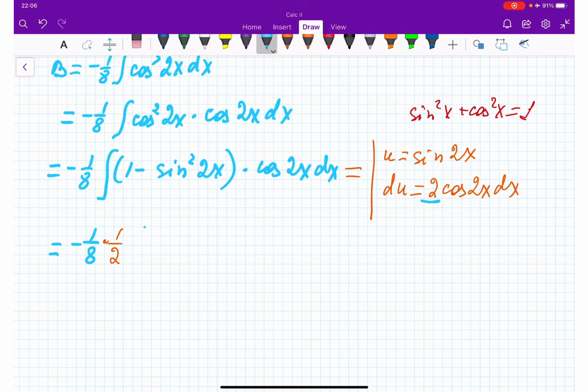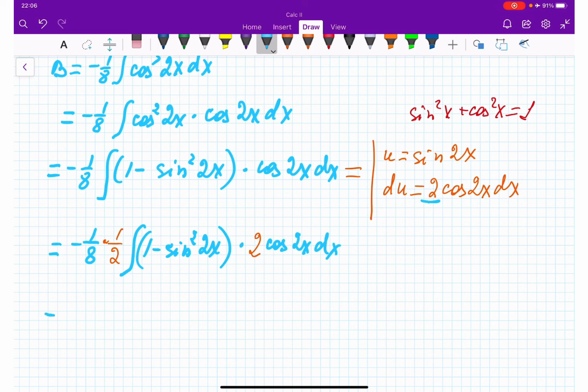It's going to be the integral of 1 minus sine squared 2x, multiplied by 2 cosine 2x dx. Let me write down this 2 so you will see where it is from.